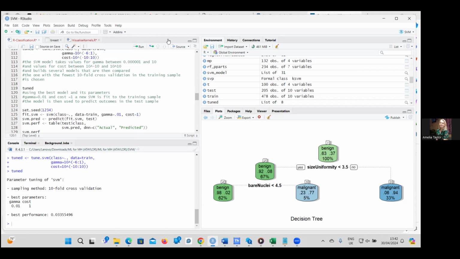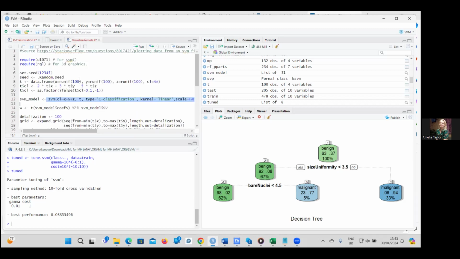There was a question about the diagram. I'm not sure what that referred to. Was that the 3D image that I was showing? Yeah, so the 3D image that I was showing was generated using this visualize.r code.